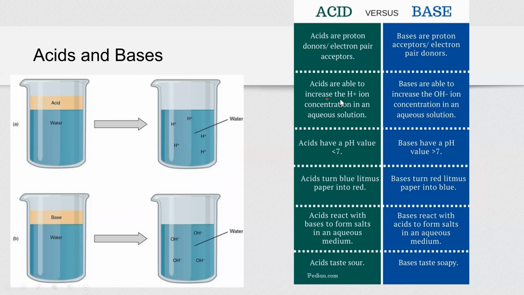So acids are able to increase the concentration of hydrogen ions, and bases will decrease the concentration of hydrogen ions and increase the concentration of OH minus ions, hydroxide ions. Acids have a pH value less than 7, bases have a pH value more than 7. Acids turn blue litmus paper red, bases turn it blue. Acids react with bases and bases react with acids, obviously, to form salt.